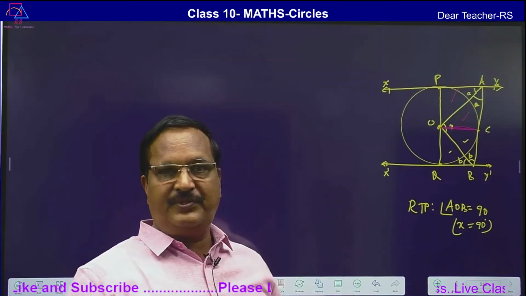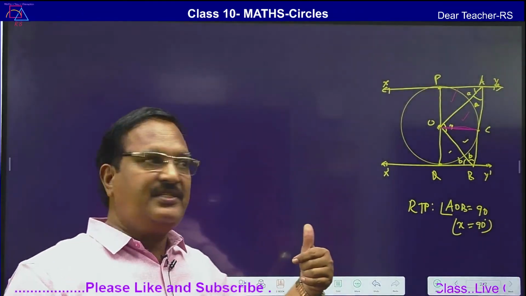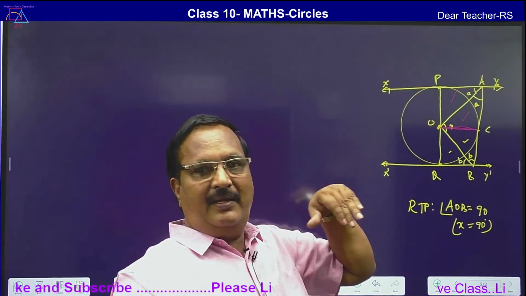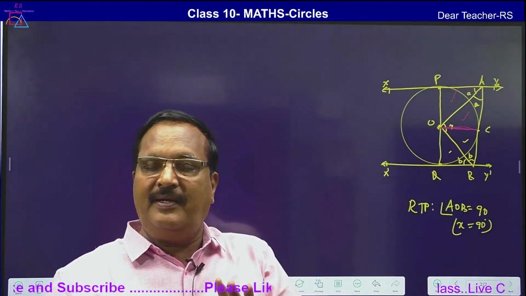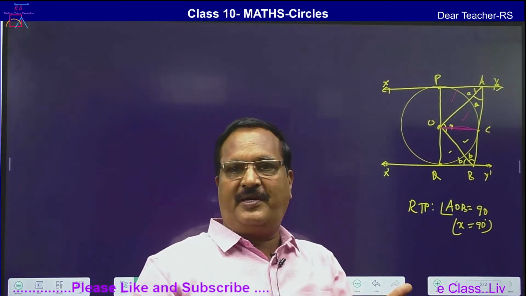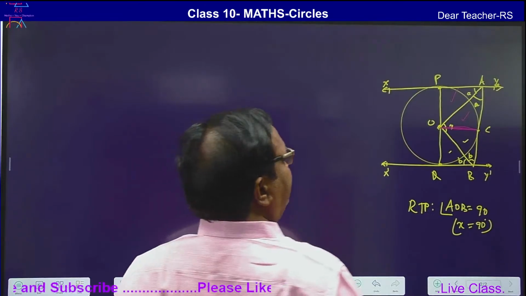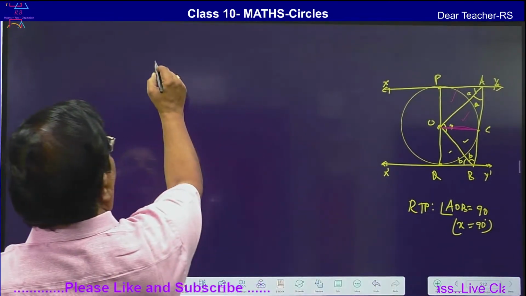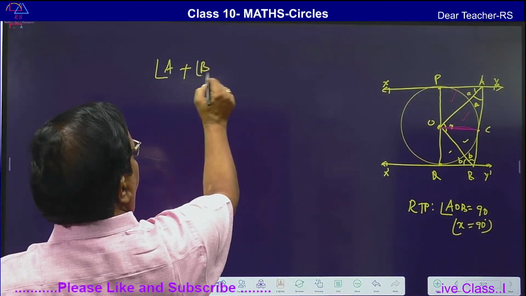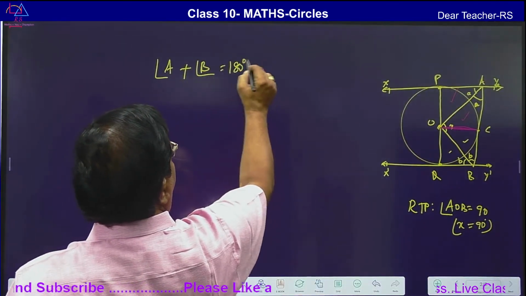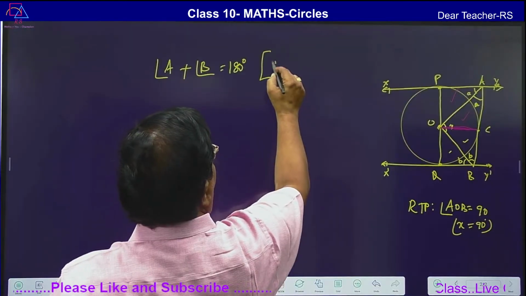So now we have used tangents from external points are equal. Now there is one more information. These two are parallel. That means you have to take either alternate interior angles or corresponding angles or co-interior angles. So I will use angle A plus angle B is equal to 180 degrees because co-interior angles.